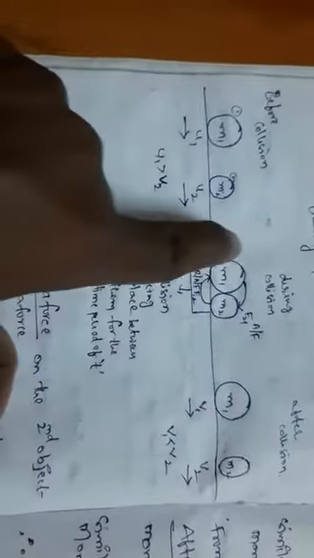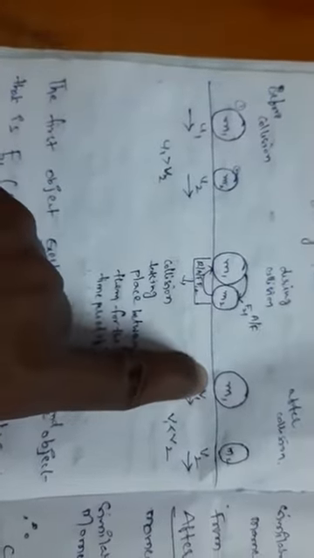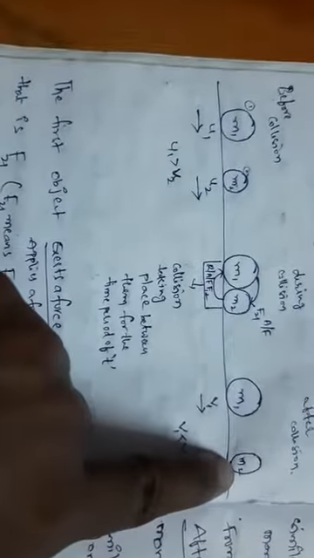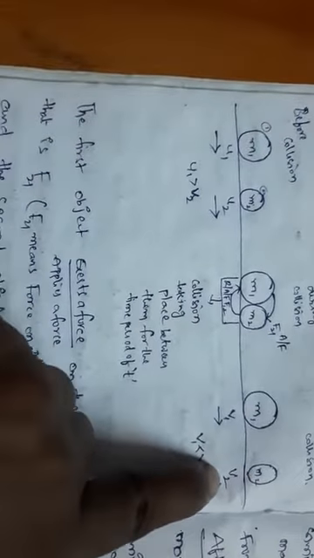Now after the collision, what will happen? The first object moves along a linear path with the velocity v1, and the second object moves along its path with the velocity v2.